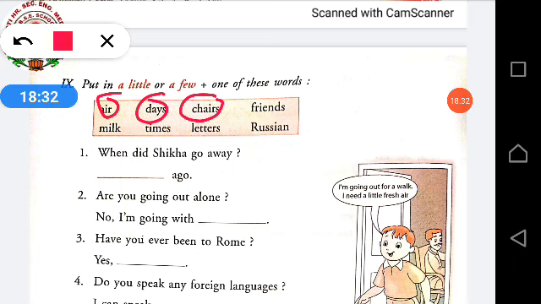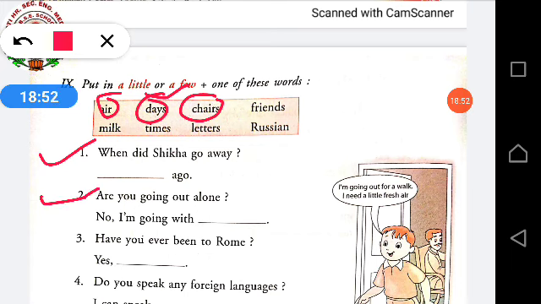A few will be put for countable ones and a little for uncountables. Okay, so first one, when did Shikha go away? A few days ago. Days we will be taking, and a few because we can count days.